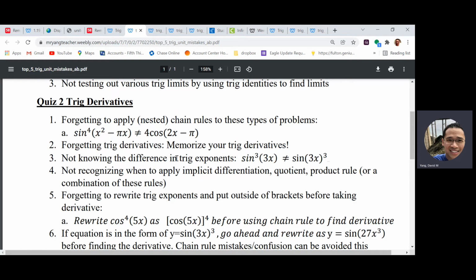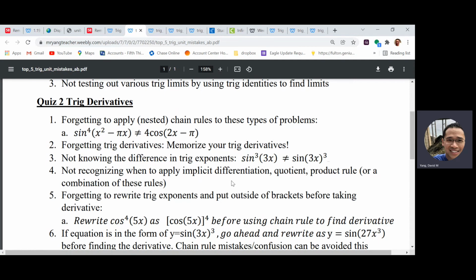Number 3, sine cubed 3x means that the entire sine function is being raised to a power. Sine 3x cubed is really the same thing as sine of 27x cubed, right? So that 3 is only impacting what's inside sine. This exponent is impacting the entire sine. You guys are pretty good here.